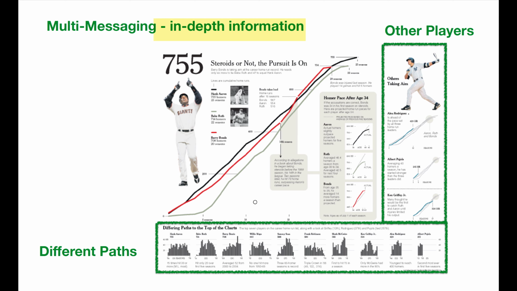Now, it does turn out that this report was produced in Barry Bonds' 20th season. He did go on to surpass Hank Aaron's record by 10 or 12 home runs.